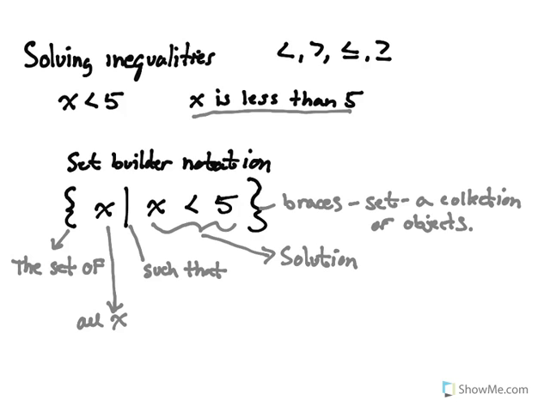If you had a set of baseball cards, then every card is an element of that set. So think of this as a collection of numbers, and the solution is going to be x is less than 5. That means for every single value of x, we only want the ones that are less than 5. We don't want every number from negative infinity to positive infinity. That's why we use the braces in mathematics to represent a set of numbers.